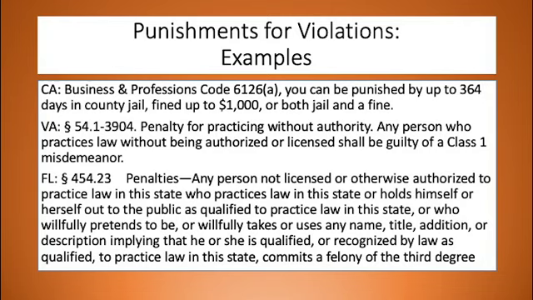And in Florida, the penalty for any person not licensed or otherwise authorized to practice law in that state, or who willfully takes the name, title, or description implying that they're qualified to practice law in the state, is a felony of the 3rd degree.